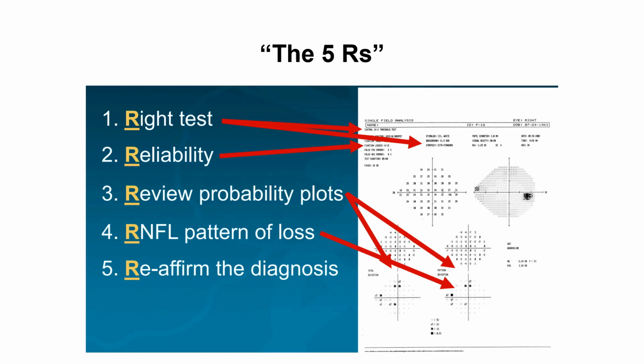Starting with these 5 R's, the first R is the right test, then reliability, then the review of probability plots, then the RNFL patterns of loss, and then reaffirming the diagnosis. We'll explain each rule in detail in the following slides.